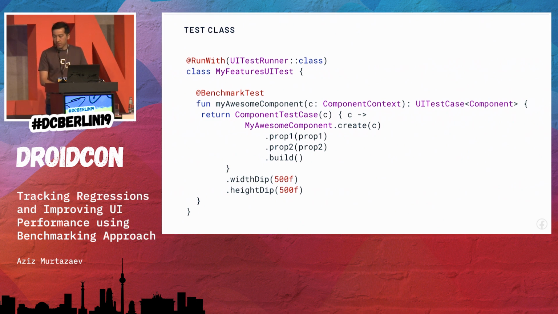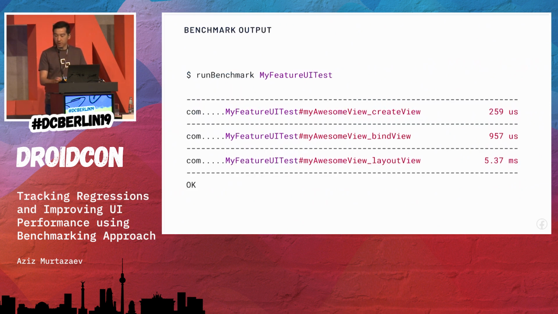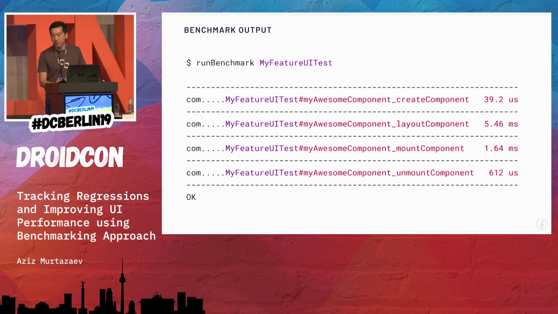So when we run the benchmarks, the output would be similar, but instead of create, bind, layout, we have different lifecycle methods of Litho: create component, layout component, mount, unmount. Mount in Litho actually means adding those drawables and views to the view tree.